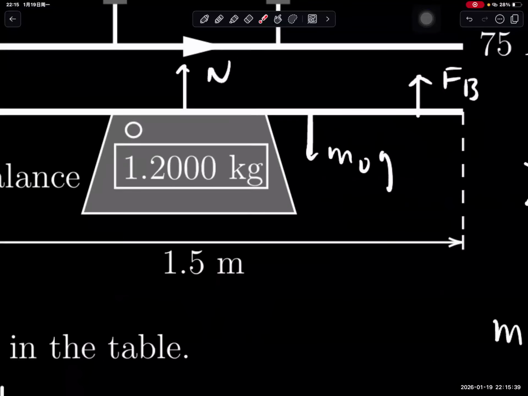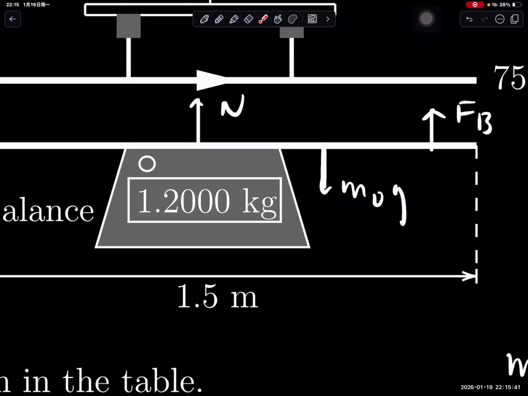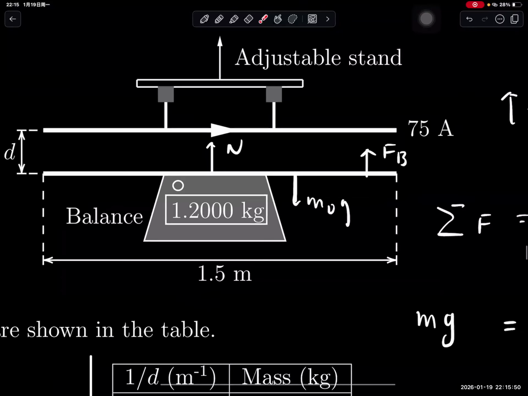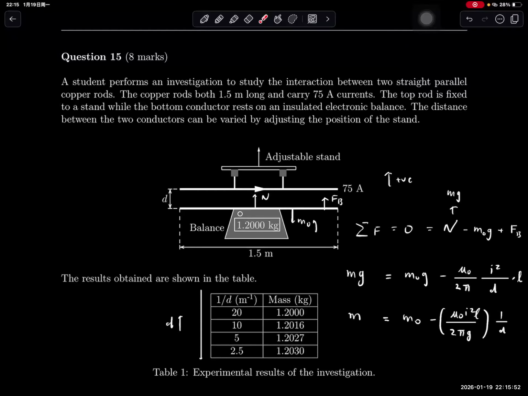We have a component of normal force, a component of the upward magnetic force, and a component of the actual weight force, which is m0 times g, where I denote m0 as my initial mass, the mass measured without any magnetic field or current.